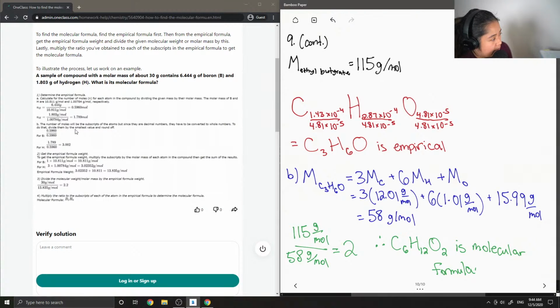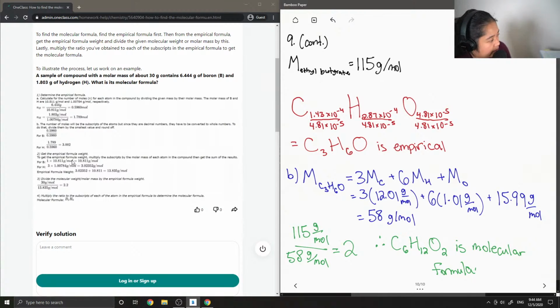Now the number of moles will be in the subscripts, and then divide them by the smallest value. In this case, the smallest value was the number of moles of boron. So they divided both by 0.5960. And then they got the empirical formula, which is BH3.